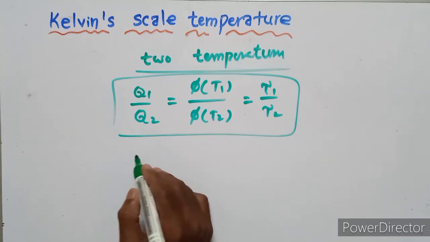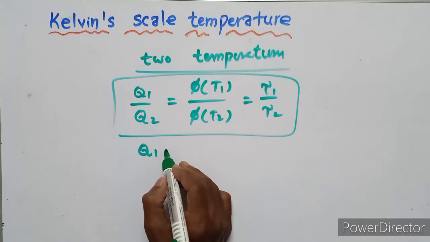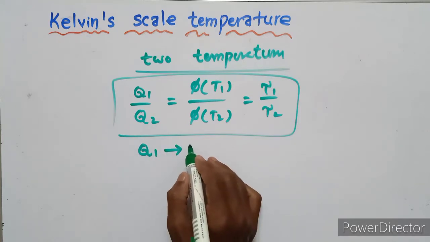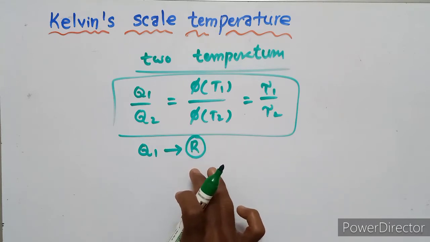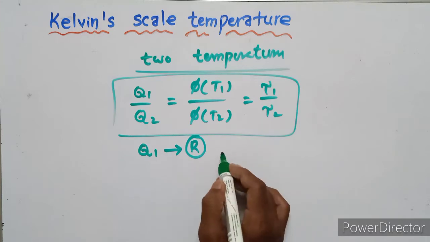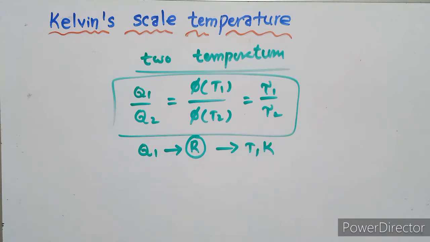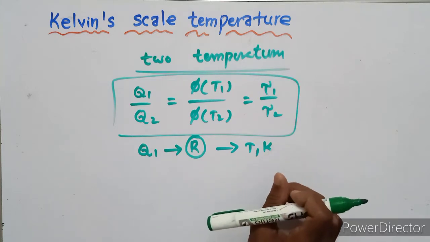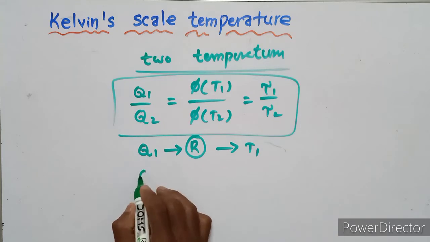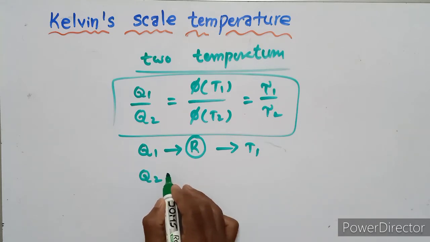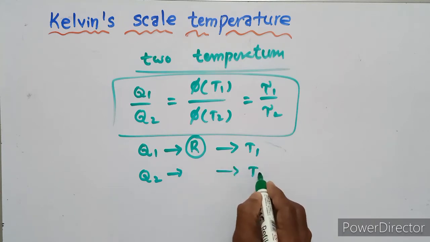So let us consider Q1 is the amount of heat absorbed by a reversible heat engine at temperature T1 Kelvin. Let Q2 be the amount of heat rejected at temperature T2.